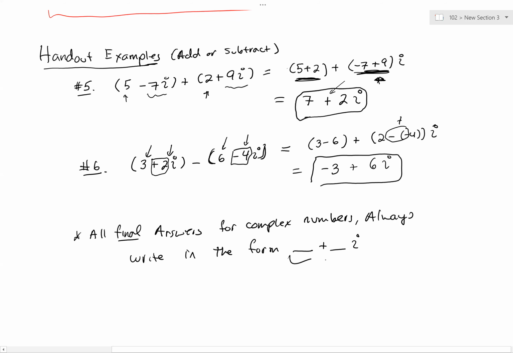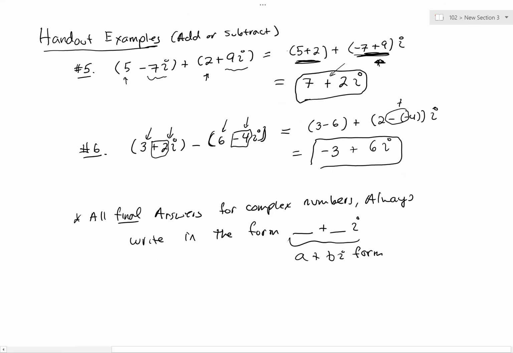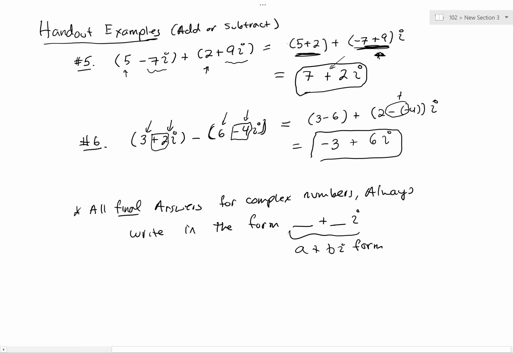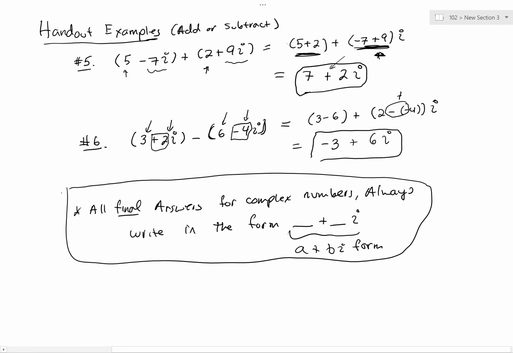So we call that a plus bi form. It could be a subtraction in between the two, that's fine if it ends up being a negative imaginary part. So all final answers for when we're dealing with complex numbers, we want to write in that form.